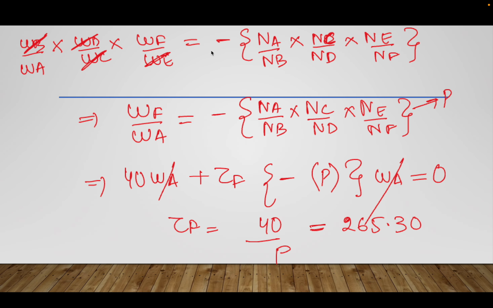Here you can see that omega b was equal to omega c and omega d was equal to omega e, so they cancel each other and we get the ratio omega f and omega a in terms of the number of teeth, and all these have been given to us. I have just named it p for simplicity.